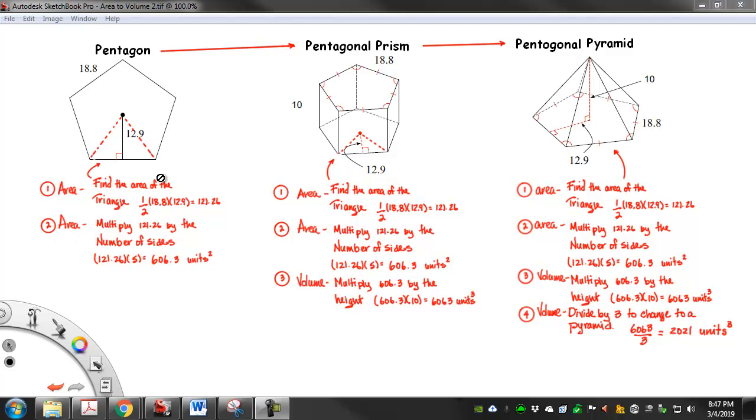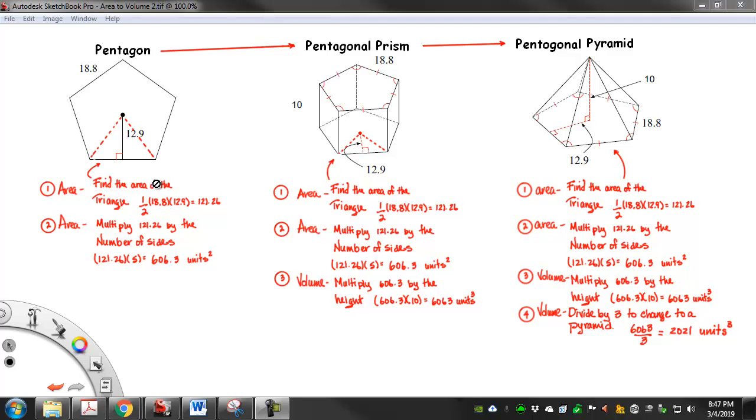Now from there, I know that I have 1, 2, 3, 4, 5 of these triangles. So if I had an 8-sided figure, which would be an octagon, then I would have 8 of these triangles. In this one I have 5, so I multiply 121.26 by the number of sides.